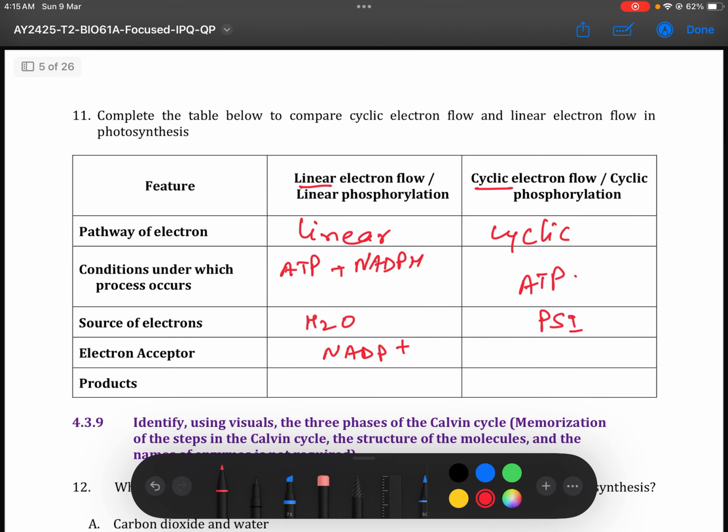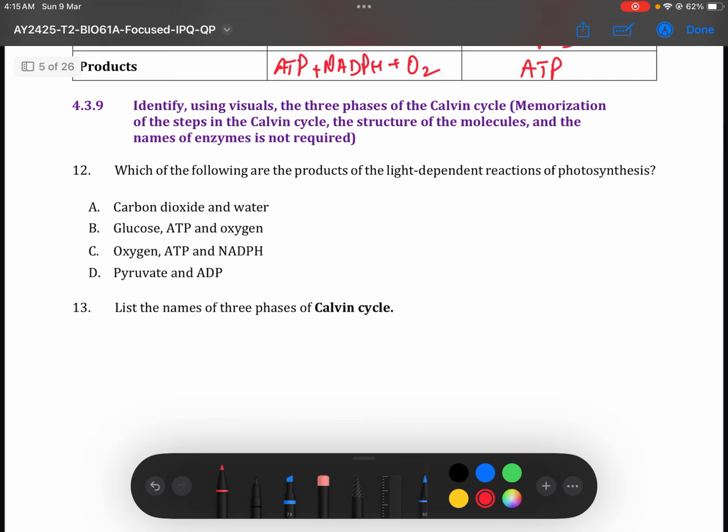And who is the electron acceptor over here? Of course it will be PS1 itself. Who are the products? The products are ATP, NADPH, and O2, while only ATP is the product of the cyclic phosphorylation.